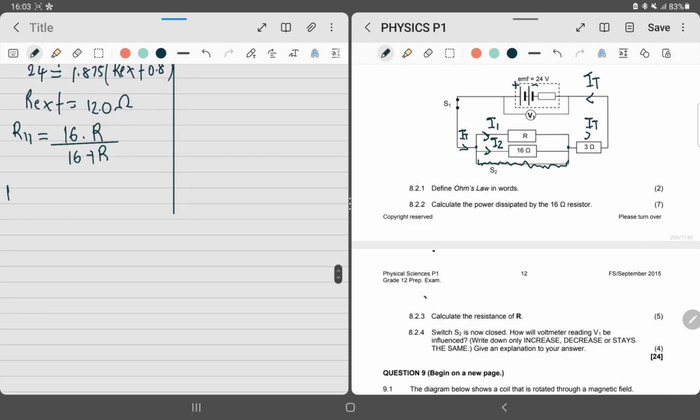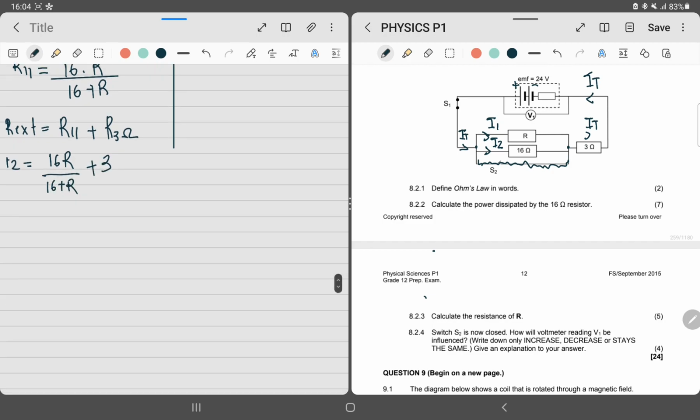So we can say R external should be equal to R parallel plus the 3 ohm resistor. This is 12, 16R over 16 plus R plus 3.